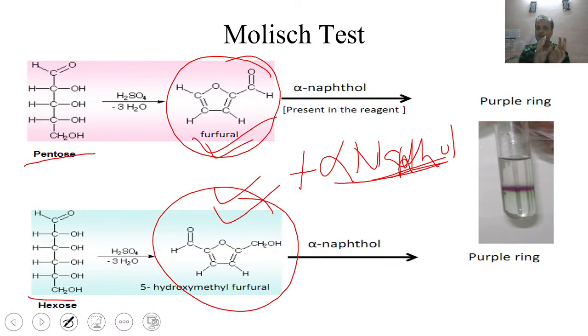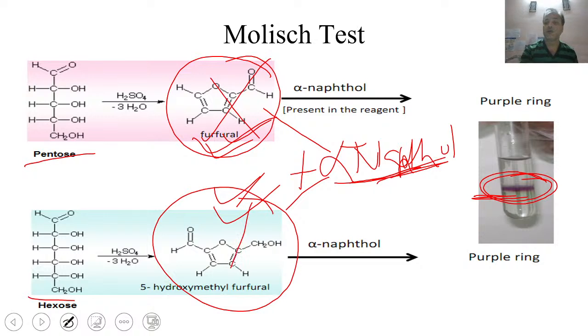So whenever we perform a Molisch test, at the junction we can see a purple color ring form. This purple ring formation is because of a complex compound formed between alpha naphthol and furfural. If furfural or hydroxymethyl furfural forms, then along with naphthol it will give you a complex and you will have a purple ring. If you don't have furfural, then no complex will form, so no ring is there.